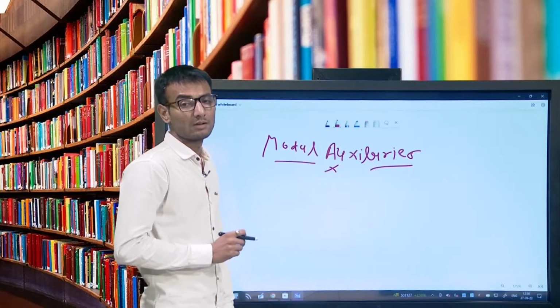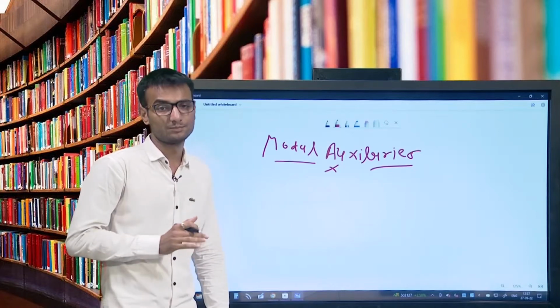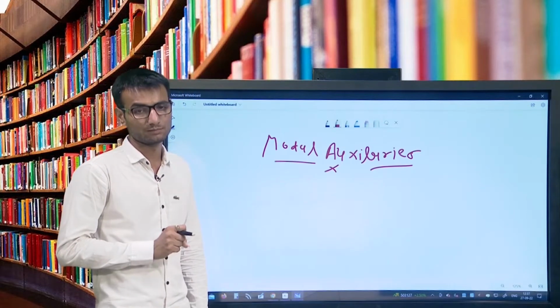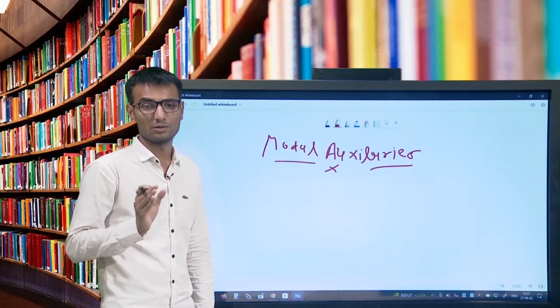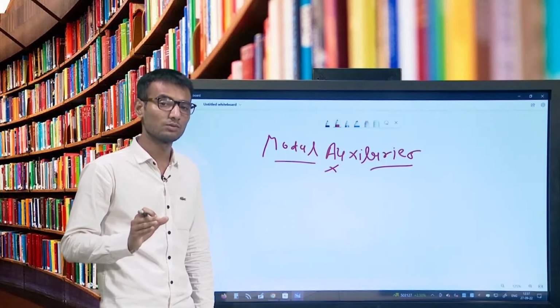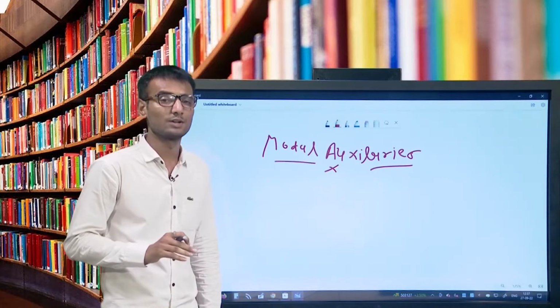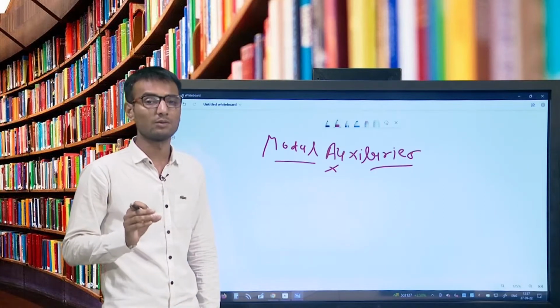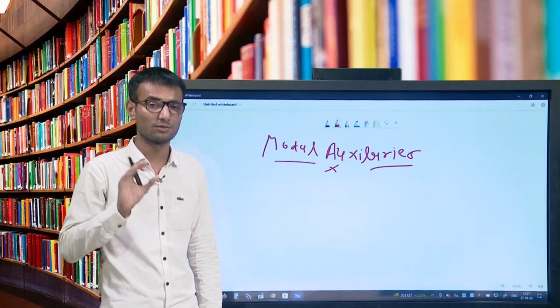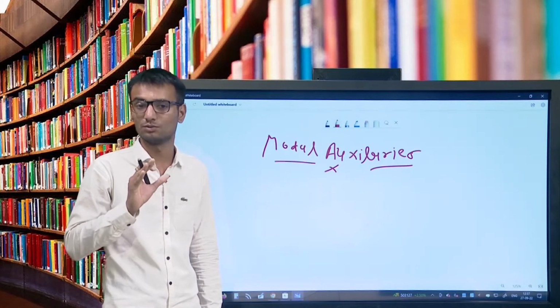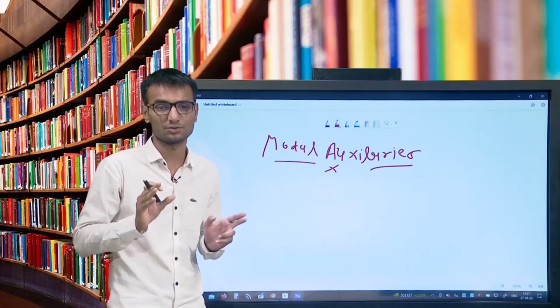So when we hear the word, what is a modal auxiliary? First we'll begin with the definition of modal auxiliaries, then we'll understand what the uses of modal auxiliaries are in grammar, how we can use them, how they help us in word formation, and how they create a particular sentence structure.